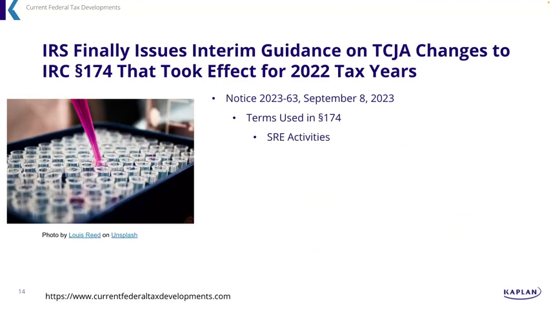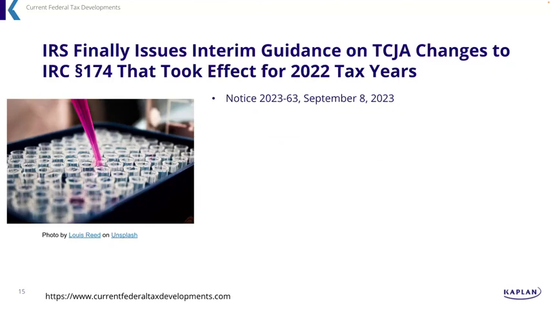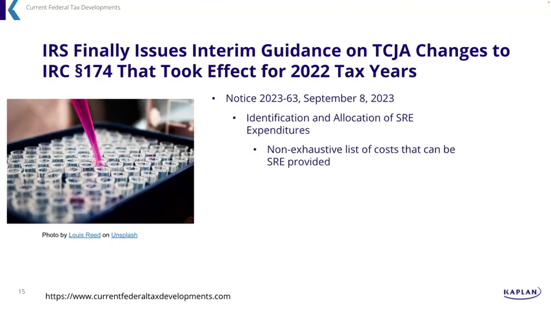Now we go on to SRE activities. Remember, SRE stands for specified research and experimental activities. So an SRE activity includes software development activities or research or experimental expenditures. Those are your key.